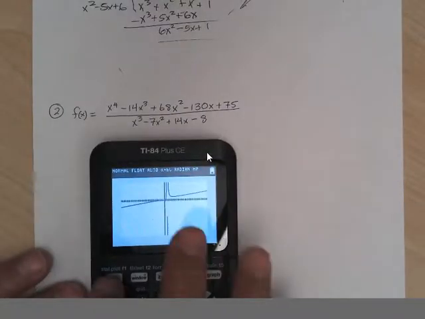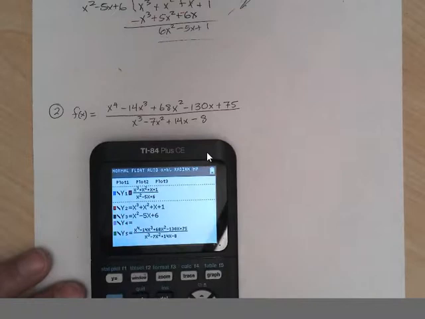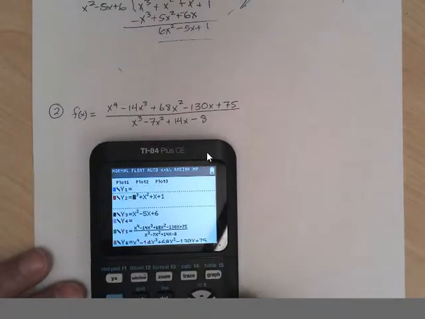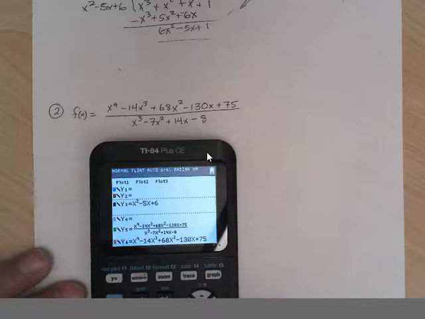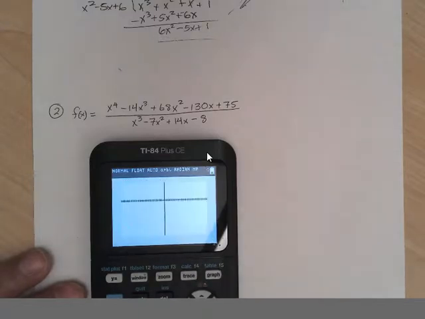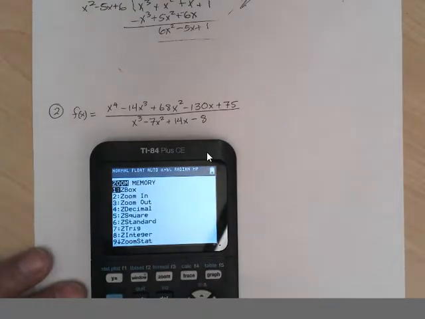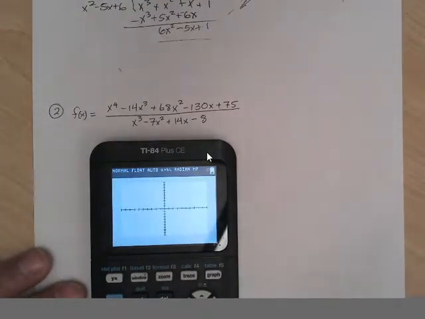So number 2, I need to factor it. It's a big messy one, so I've typed that in also. So I'll just clear this one now. I come down and clear that and clear that. And I want to factor the numerator, so this should be the numerator. Turning it on, graph. On zoom 6.